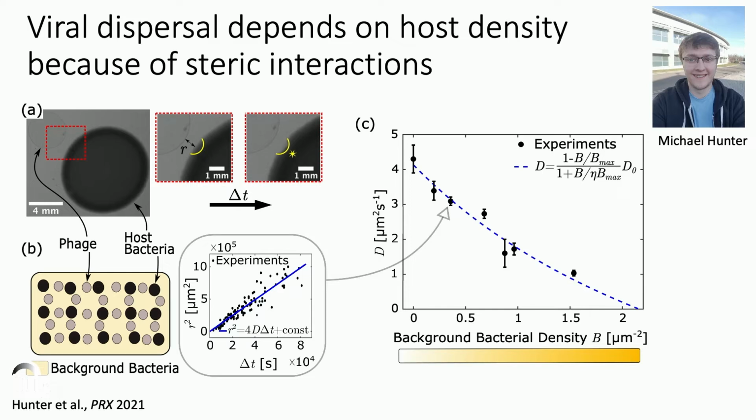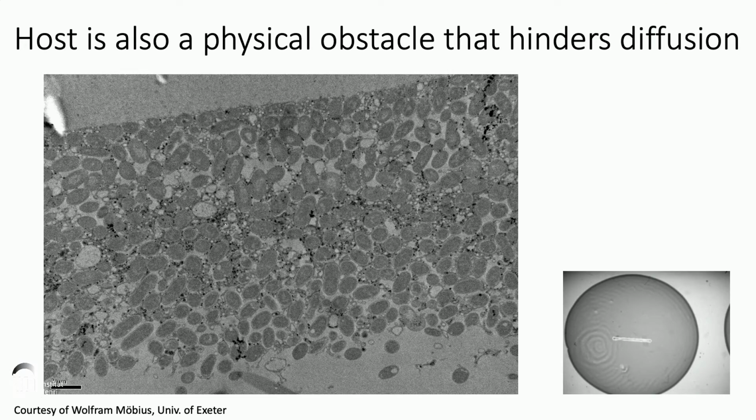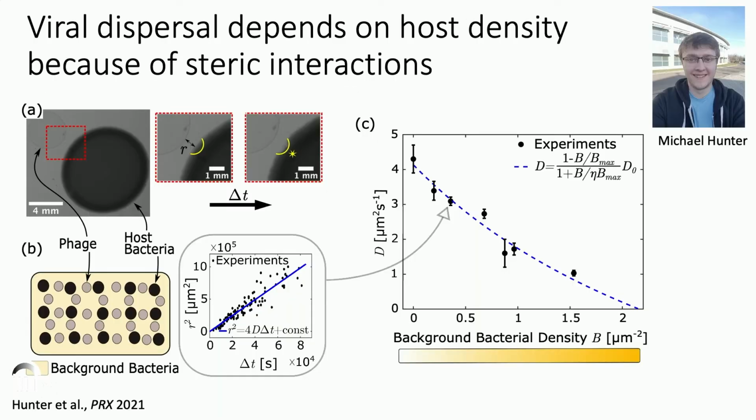He created a plate with a lot of bacteria in the background, represented here in yellow. Importantly, these bacteria are resistant to phage, so the phage cannot adsorb to them, but they represent physical obstacles. They create an environment similar to what I showed here, where we can tune the density, changing how crowded it is.